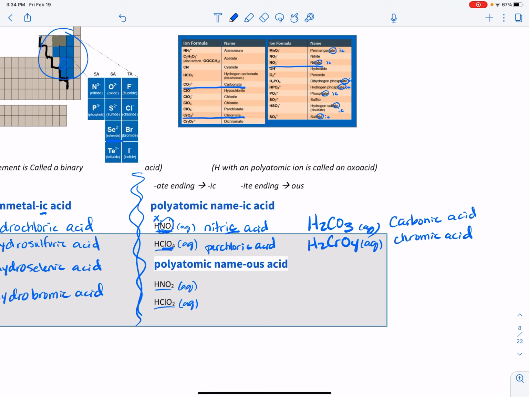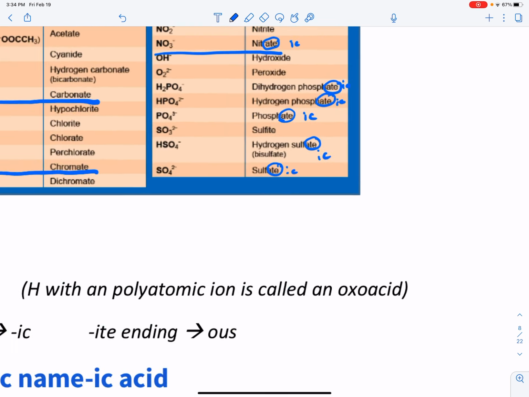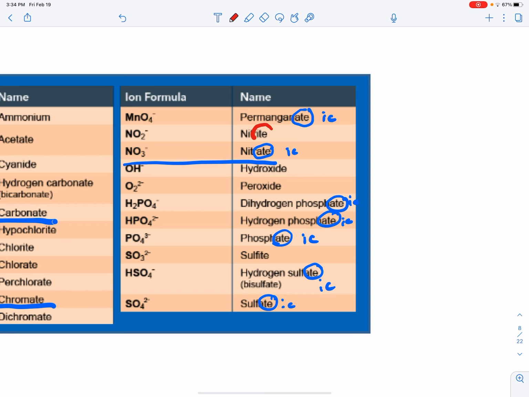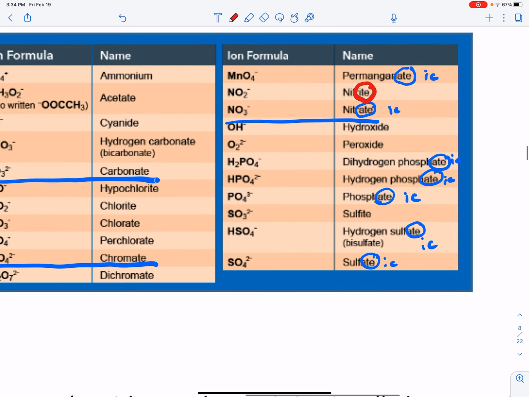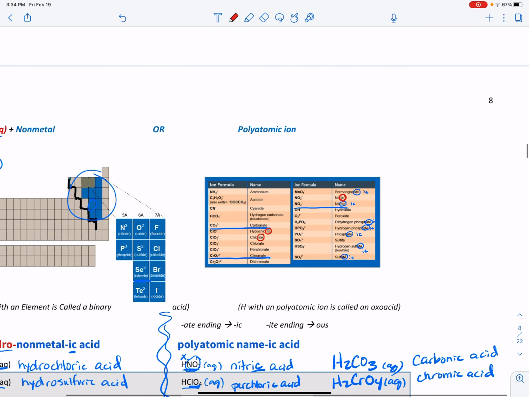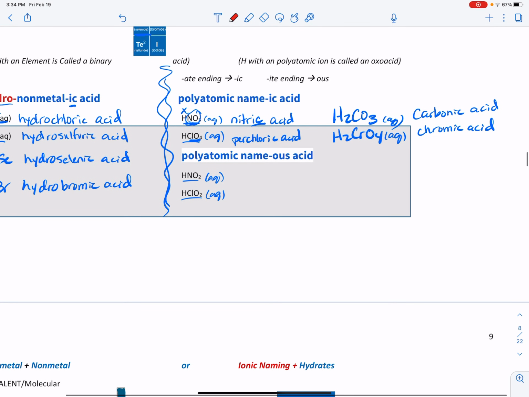Now let's get to the other ones, HNO2 and HClO2. These ones end in ite. Find another ite. There are more ites out there. Here's another one, ite. So the ites become ous.